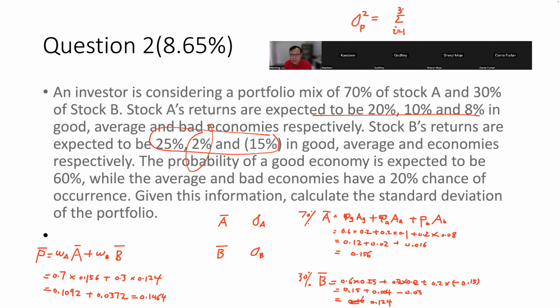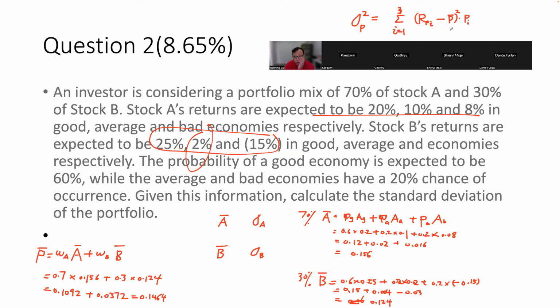You think about the portfolio for each state: R_P,i, the portfolio return for each state, minus the expected portfolio return, squared, times probability i.